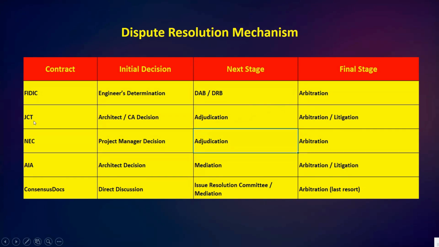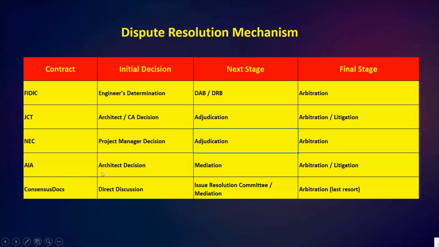So second, we have JCT. JCT involves the architect's decision, then followed by adjudication and possibly arbitration or litigation. Third, we have NEC. NEC uses a similar route: project manager decision, adjudication, then arbitration. Then in the second last we have AIA.